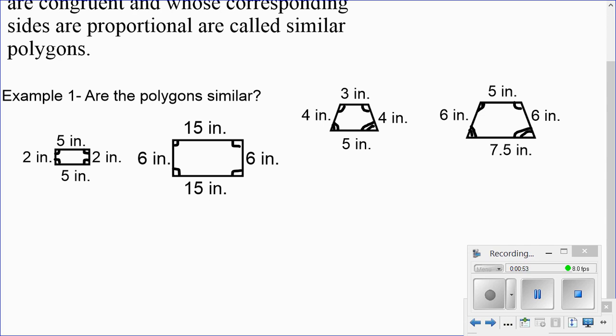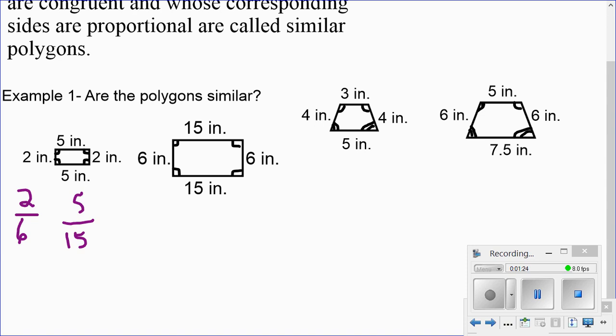So if I'm checking the side lengths, I'm going to start with the small rectangle here, 2, and I'm going to put that over the corresponding side, which is 6. And I'm going to check to see that that ratio is equal to the other ratio, which is back to small rectangle, that's 5, over 15 is the corresponding side.